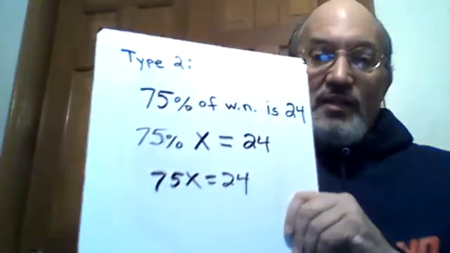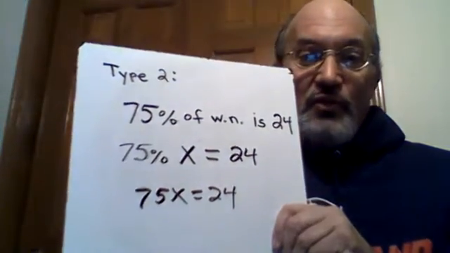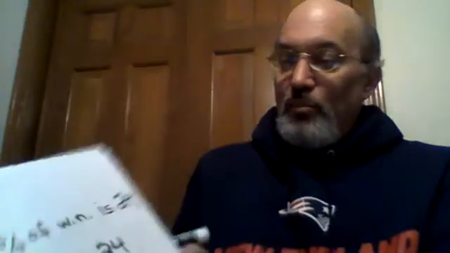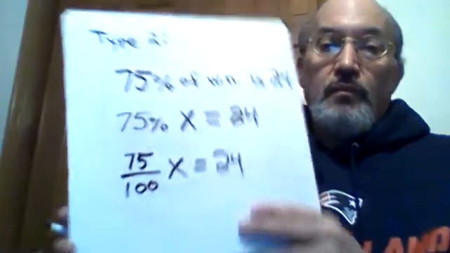The equation is not 75x equals 24 because 75% is not the whole number 75. So that's out. But what are our other options? Well, the most direct option is 75 hundredths times x equals 24. We could do that.